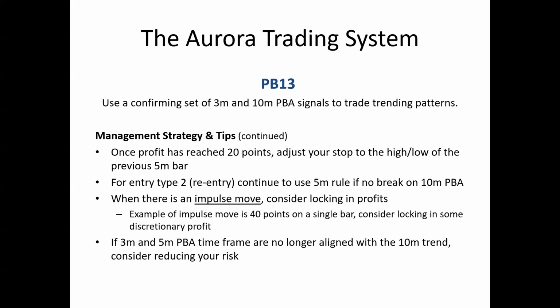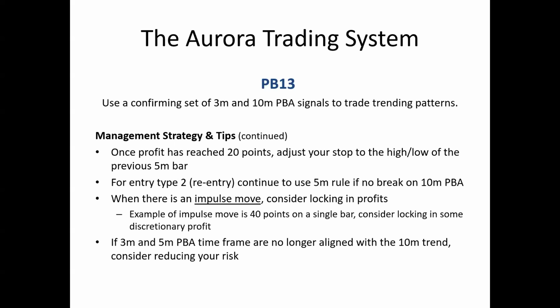Now, I want to make it very clear also that when I suggest that you lock in profits on an impulse move, or I suggest as a tip that when you see the 3-minute and 5-minute perhaps weakening, no longer aligned with the 10-minute, maybe you reduce your risk.